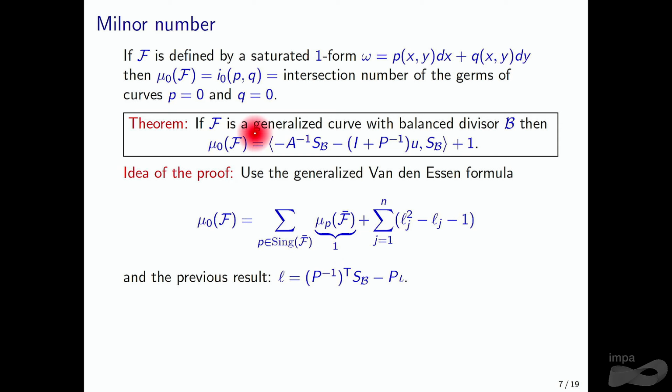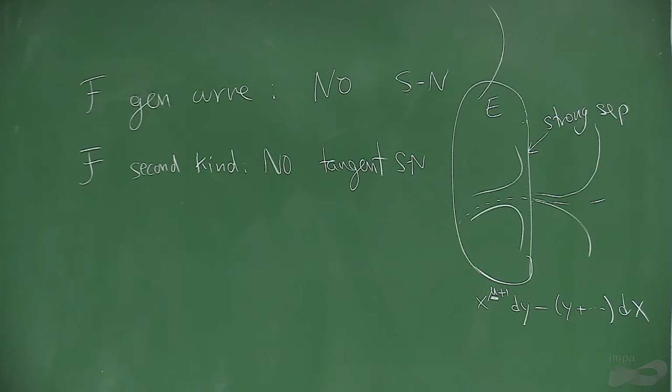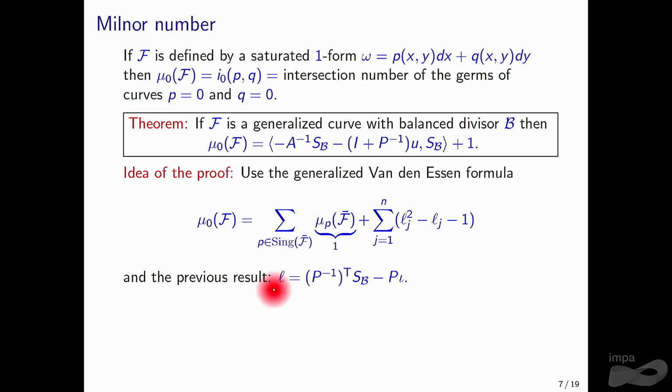Here is where we use the hypothesis generalized curve, because the Milnor number of a saddle node like that is given by this mu. And the previous result says that the vector L can be computed in this form. So we put these things together, and we obtain this pairing using the standard scalar product of vectors of n components.